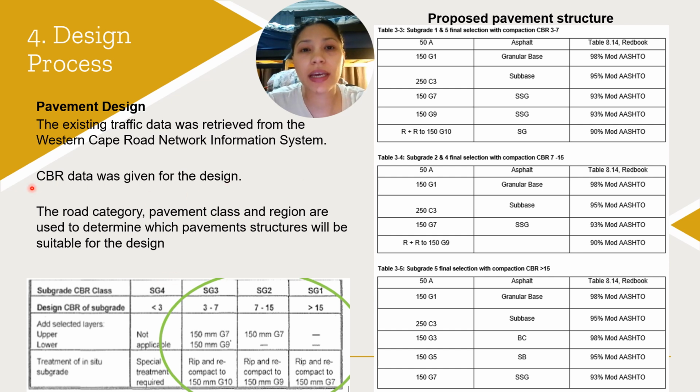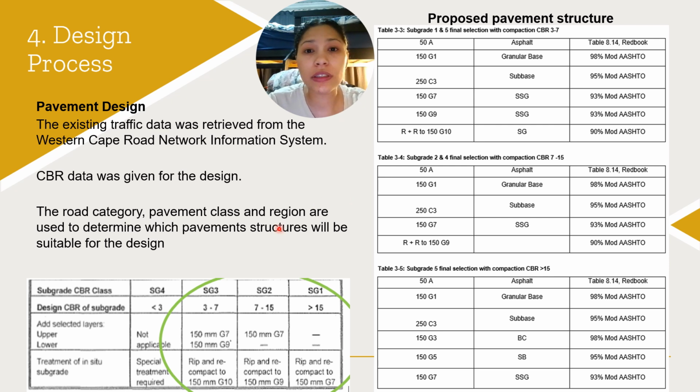And for the pavement design, I then used the given CBR data, where I then took the EAT calculation as well as CBR calculations to then get the pavement class, get the subgrade class, which, as we can see here, the road section is divided up into 3 subgrade classes, SG3 all the way to SG1. And further information of that can be found in the report as well.